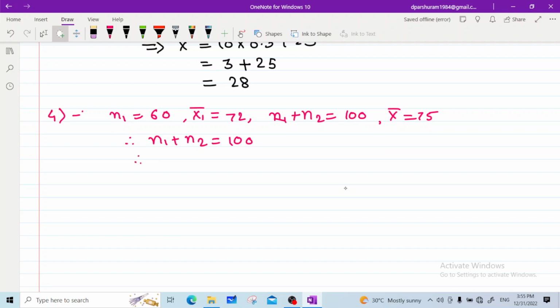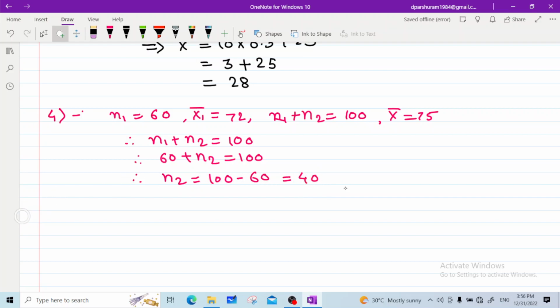Therefore, 60 plus n2 is equal to 100. Therefore, n2 is equal to 100 minus 60, which is equal to 40.